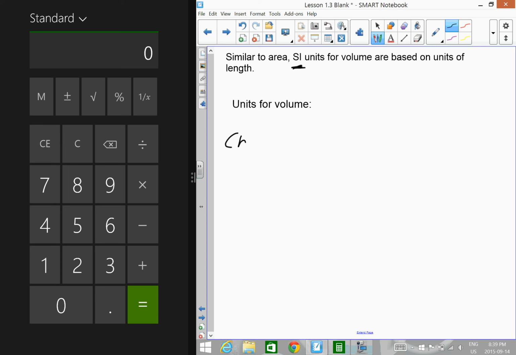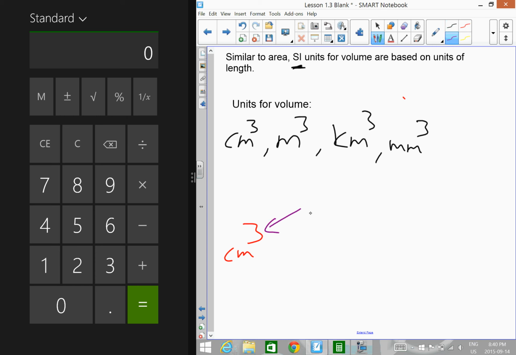We can measure them in things like centimeters cubed or meters cubed or, I don't know, kilometers cubed or, let's go little, millimeters cubed. Now, notice something they all have in common. That little 3. I'm just going to rewrite centimeters cubed.